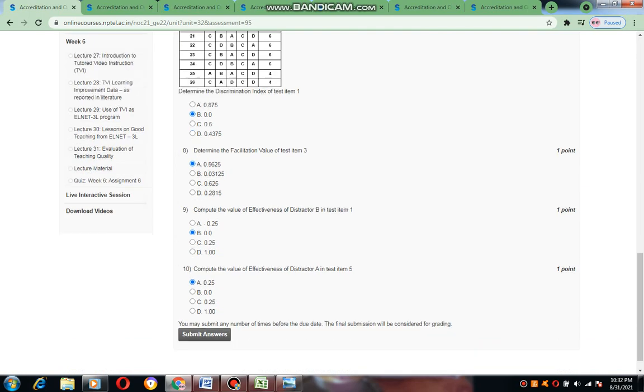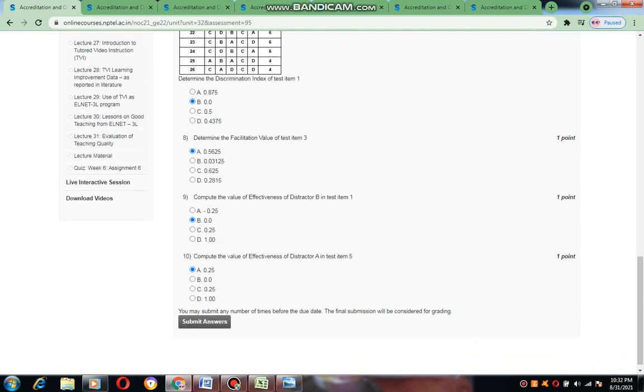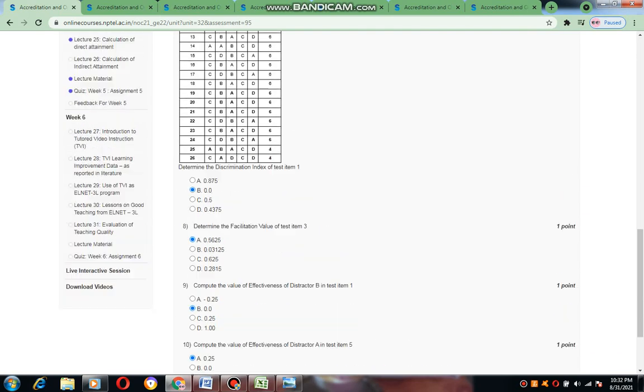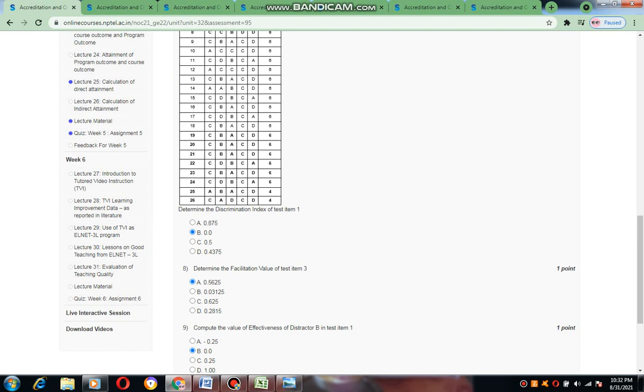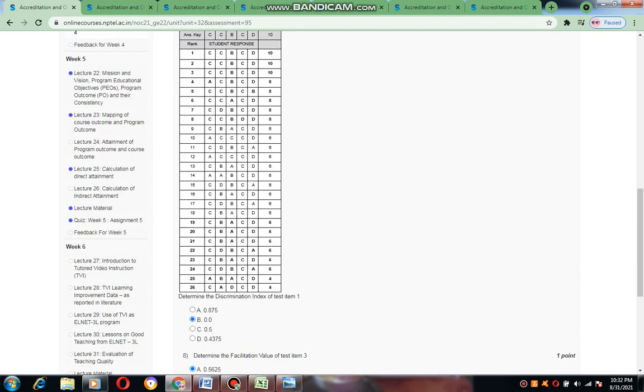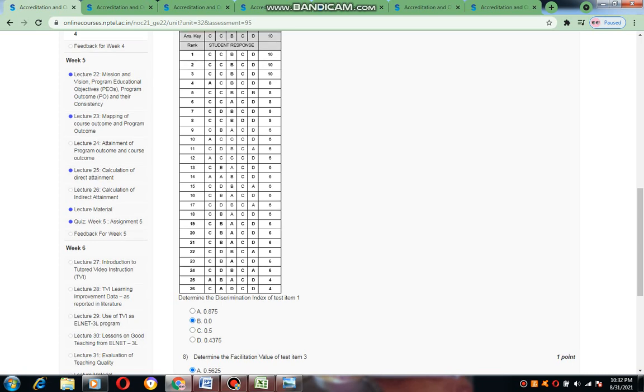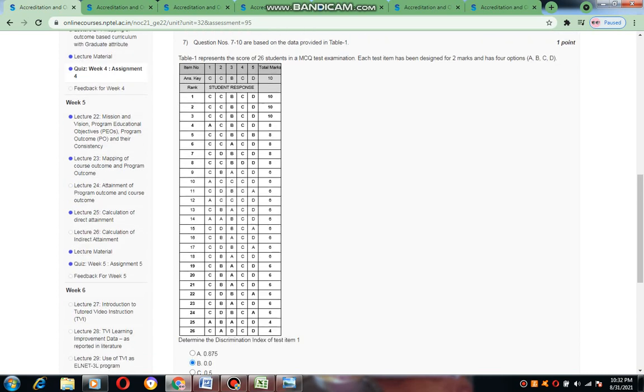Now coming to the effective distractor of A in item 5. How many times did A appear in item 5 in the lower group? Two. In the upper group there is no A. For item number 5 only I am calculating.